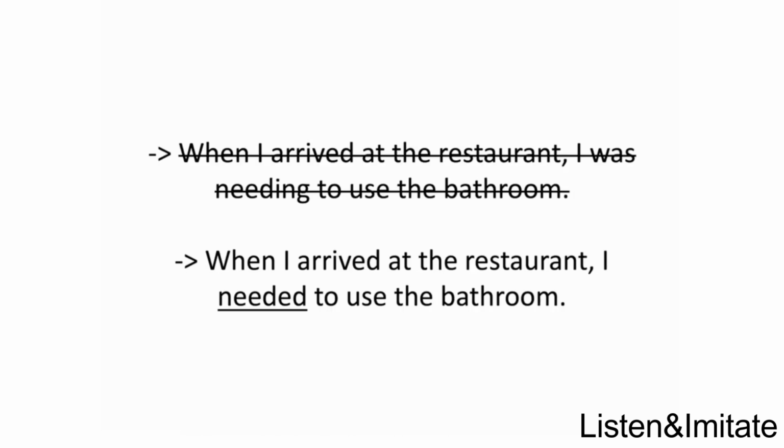For example, we do not say, "When I arrived at the restaurant, I was needing to use the bathroom." Using the past continuous with the verb need is incorrect. Instead, we must say, "When I arrived at the restaurant, I needed to use the bathroom."